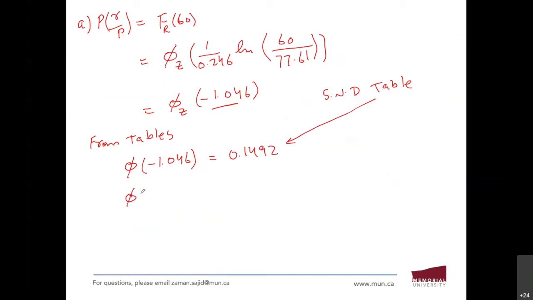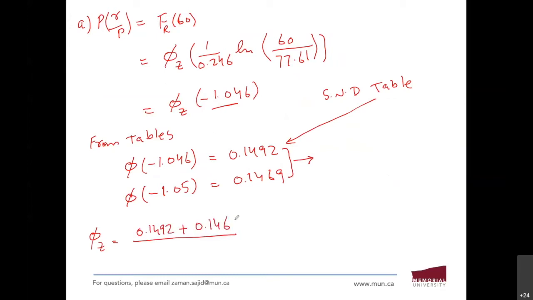And the second value, which was quite close to this, at 1.05, was 0.1469. Because you have two values, you can just take the average of them. So my phi of z is equal to 0.1492 plus 0.1469 divided by 2, because I am interested in taking the average here, and that is my answer, 0.1481. This is my answer for part 1.